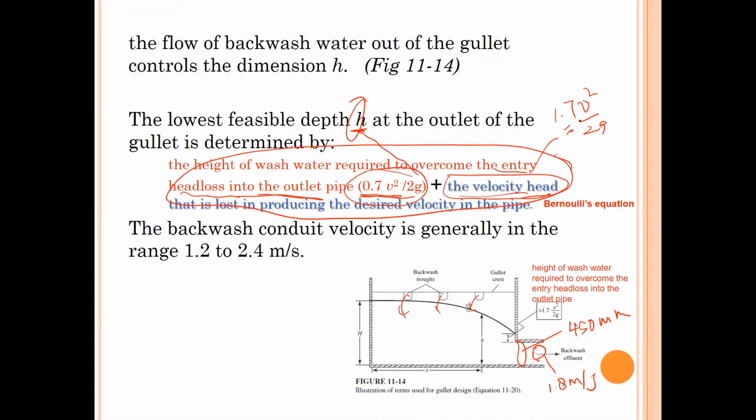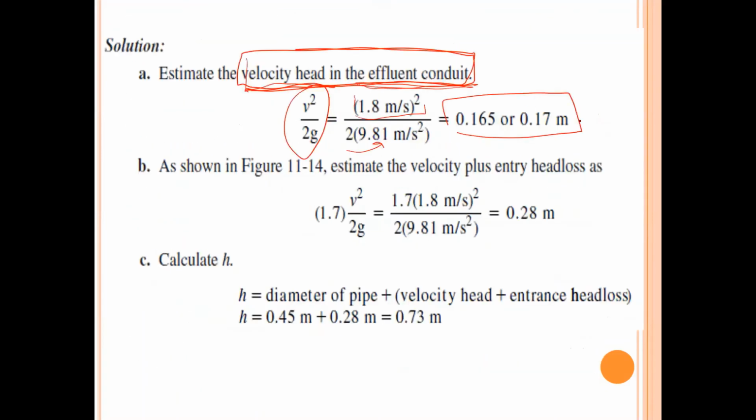This number will be like this. So we can use this. It includes the velocity head in the conduit and the entry head loss together. So we have this number now, 0.28 meter. So now we can calculate the dimension of a small h.